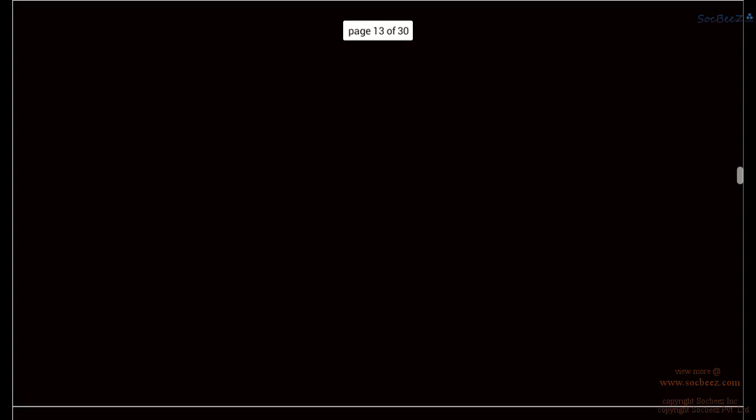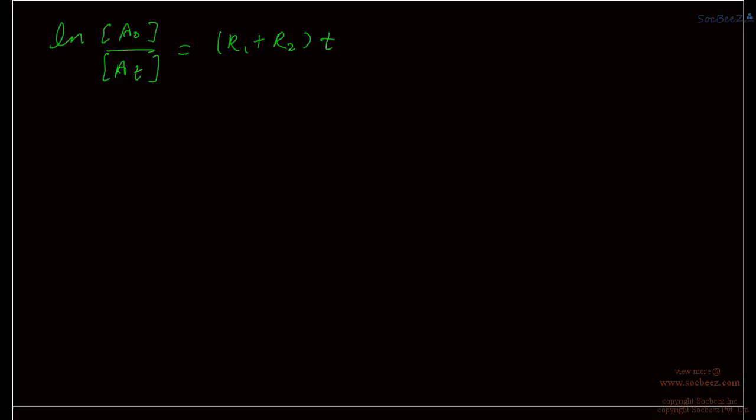Now, if we integrate this expression and solve it further, we get ln A naught upon A t equals K1 plus K2 into t.